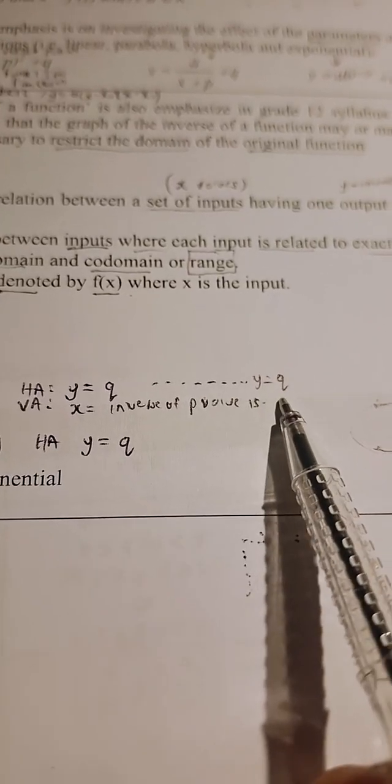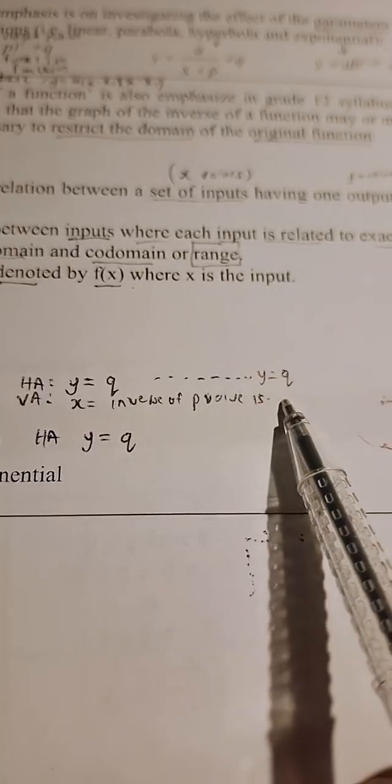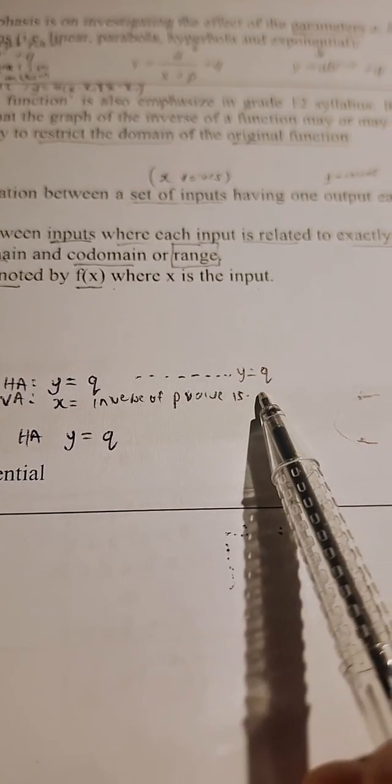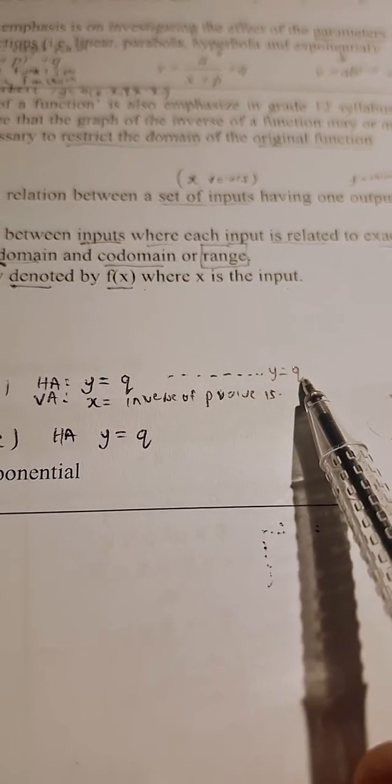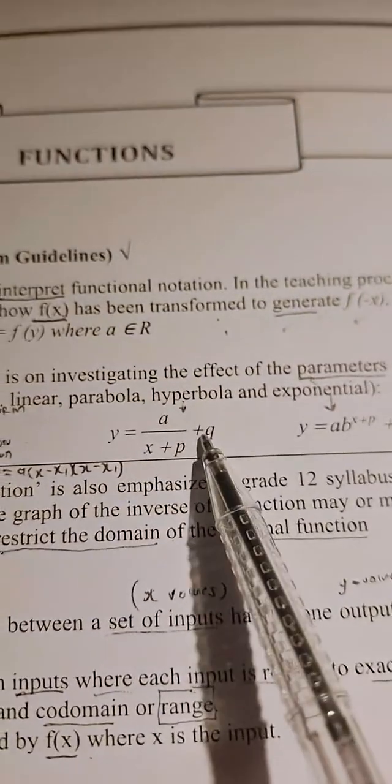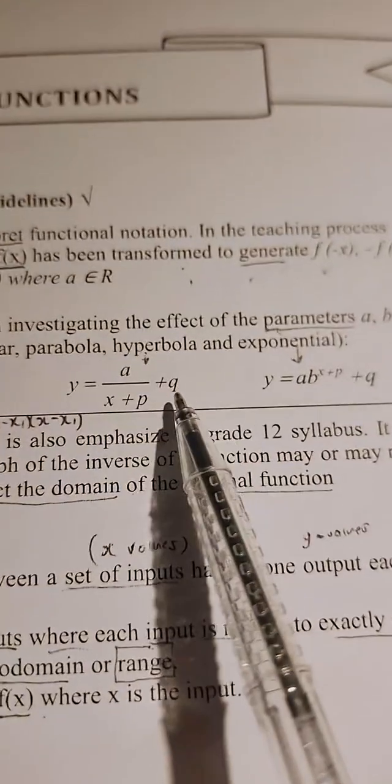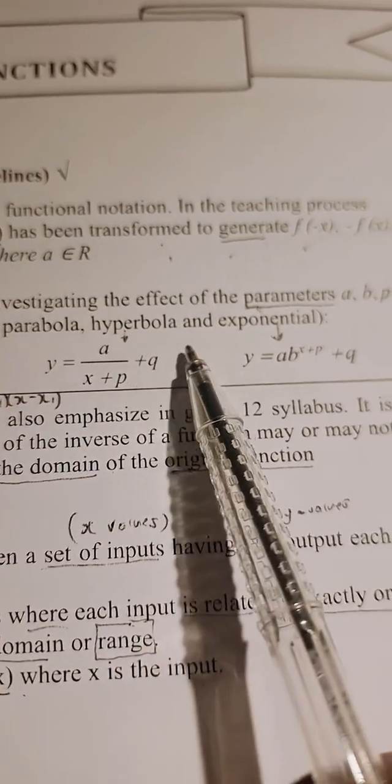Obviously, you're not going to say y is equal to q; that's just a general representation of the horizontal asymptote. You would specify the value of q. So if there's a positive 5 here, we'd say y is equal to 5. If there is a negative 3 here, we'd say y is equal to negative 3.